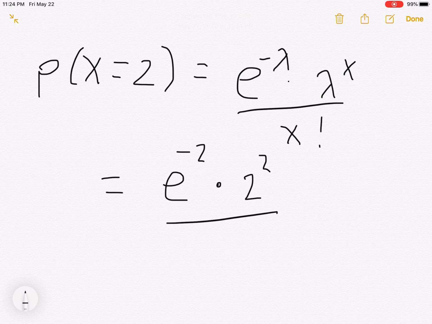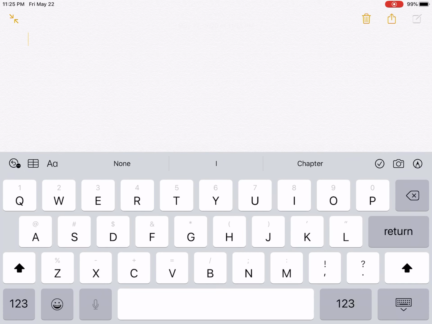X factorial is 2 factorial. Then we just need to quickly calculate this on our calculator. I believe you're going to get 0.271, or 27% chance.